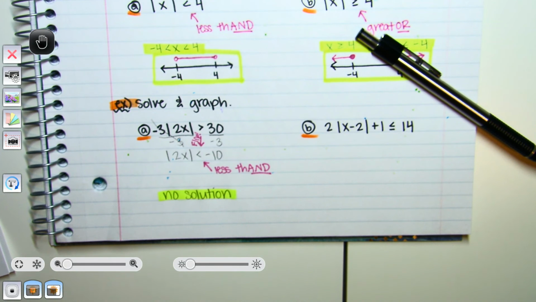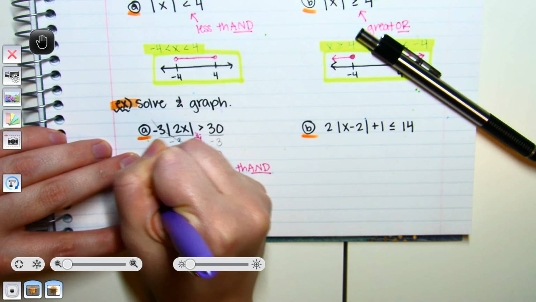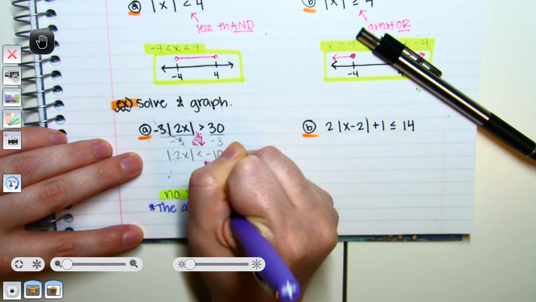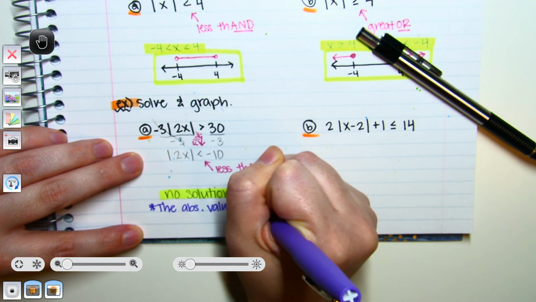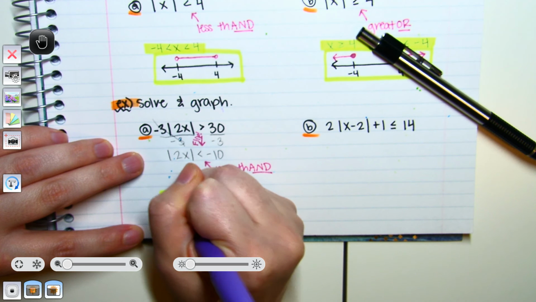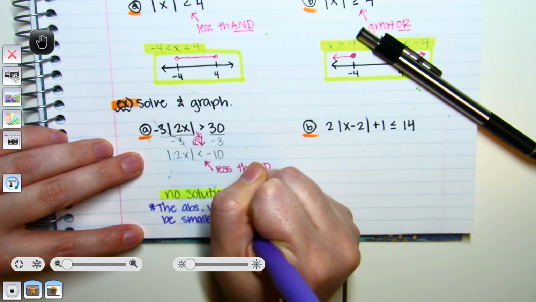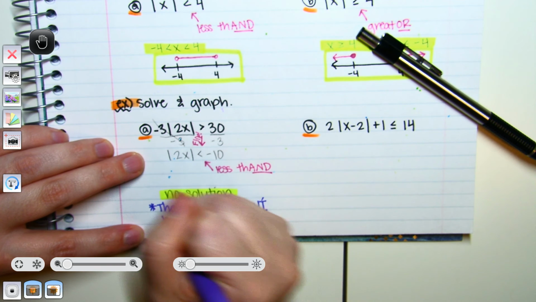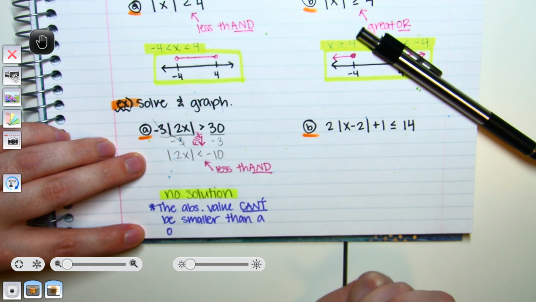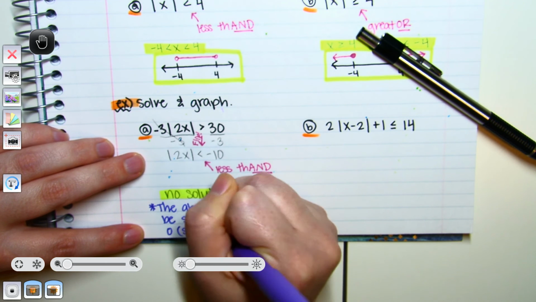And I'll put a little note: the absolute value can't be smaller than 0. So not negative.